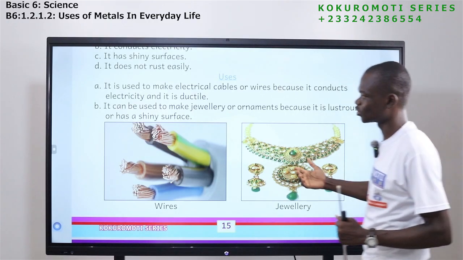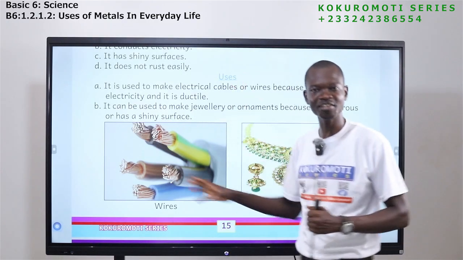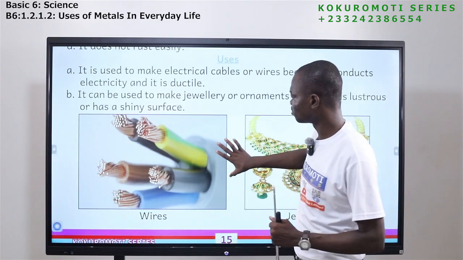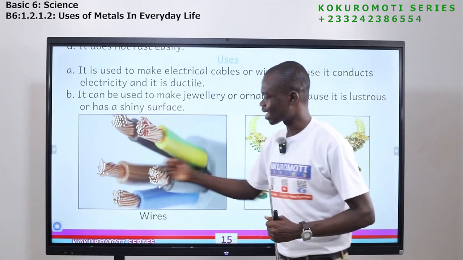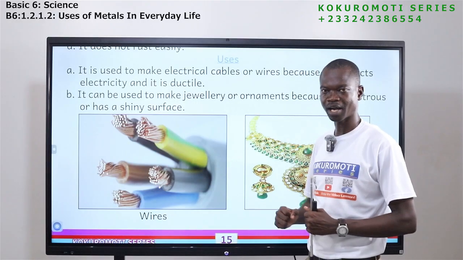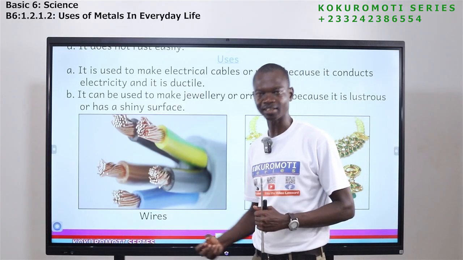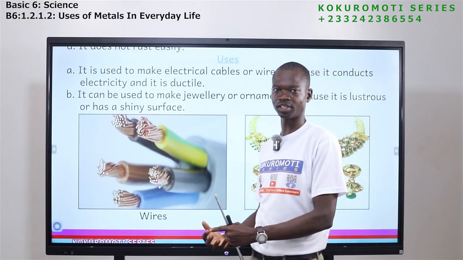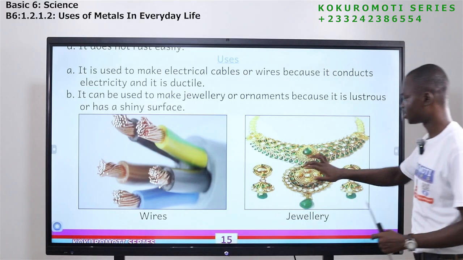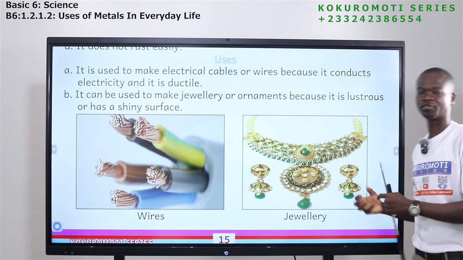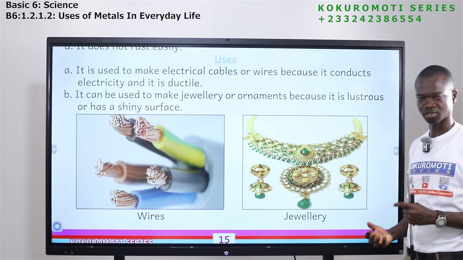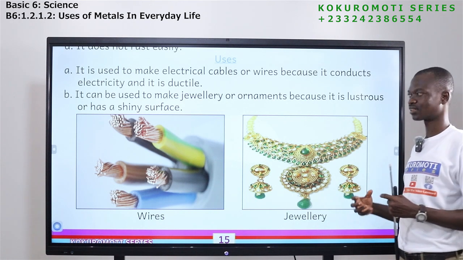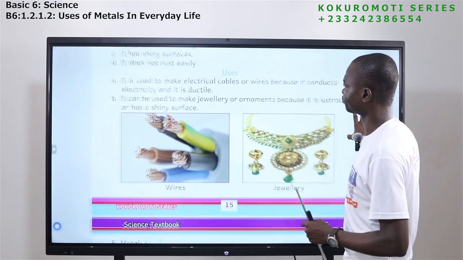If something is lustrous, it has a shiny surface. So you see cables here. They are made of copper because they are ductile and they are also good conductors of electricity. Now we have jewelry. Some of the jewelry is made of copper because it is lustrous. It has shiny surfaces. Okay.